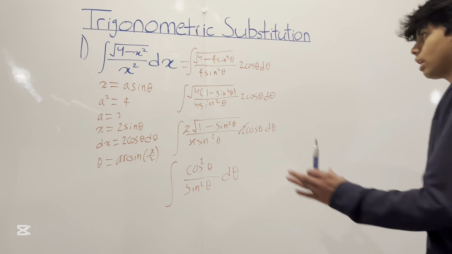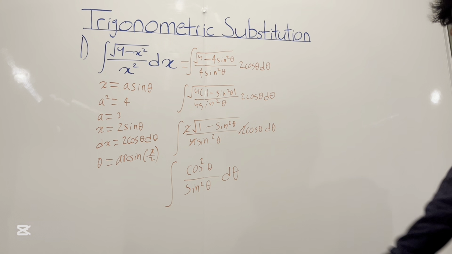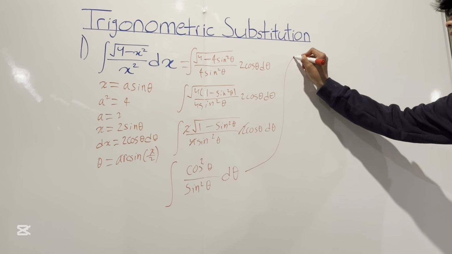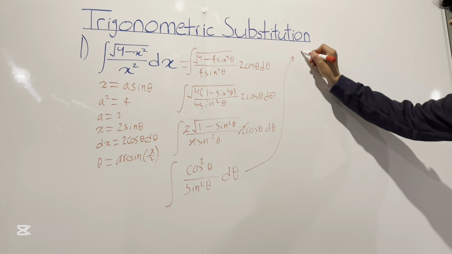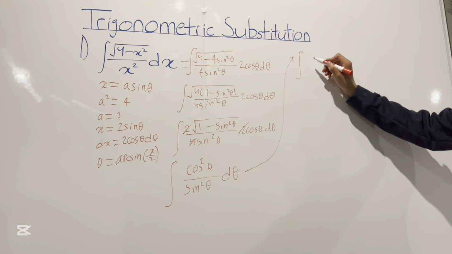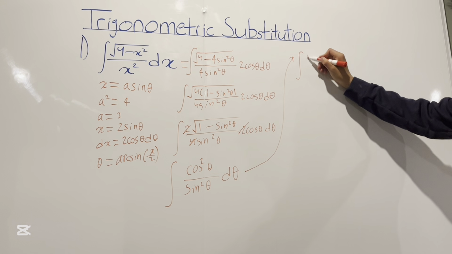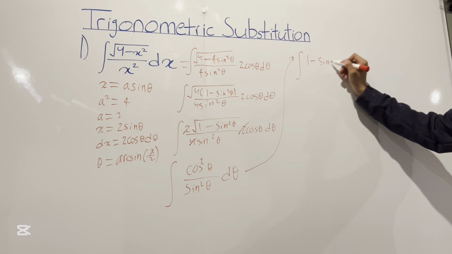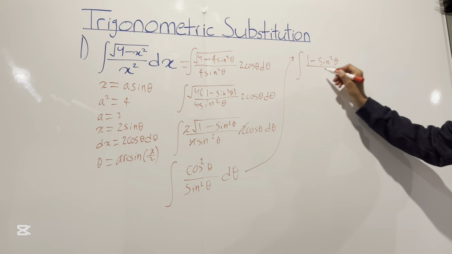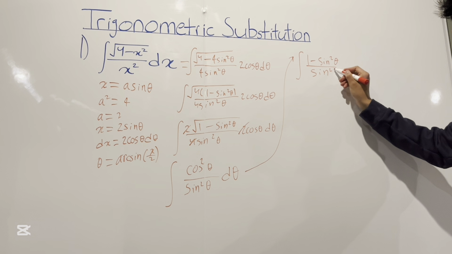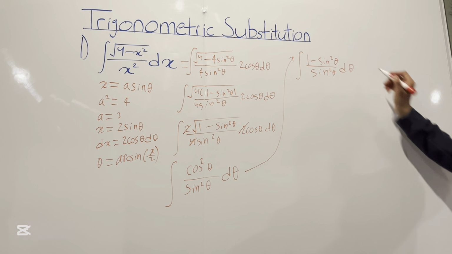Now this is a lot easier to integrate, because we can split this integral if we write cosine squared theta as 1 minus sine squared theta, divided by sine squared theta d theta.